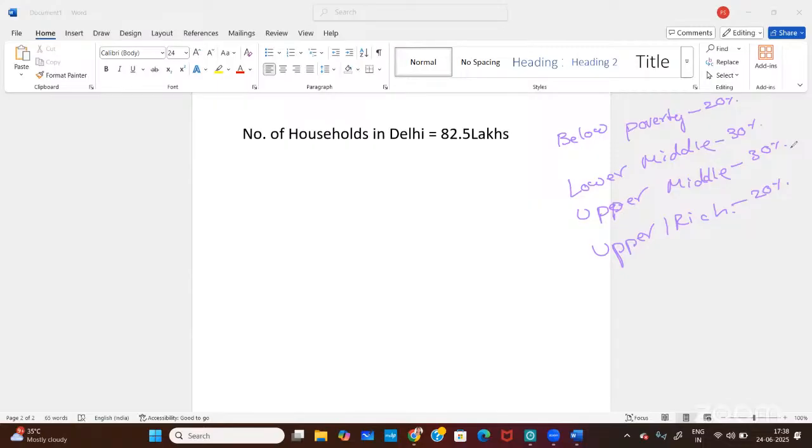Then we have upper or rich, which is 20% of the population. We'll divide these categories on the basis of income.